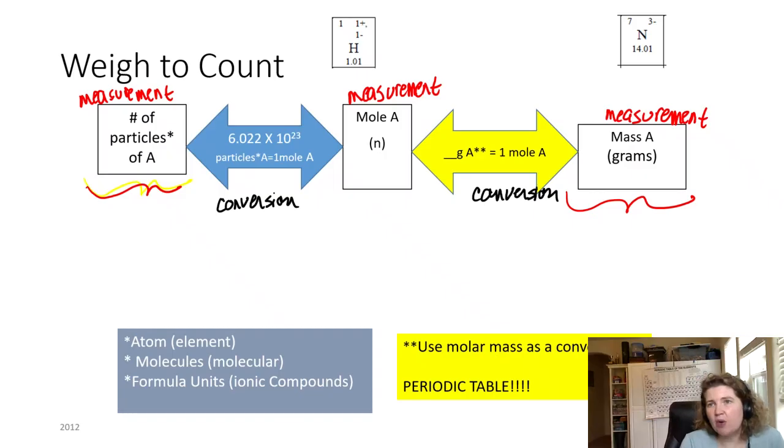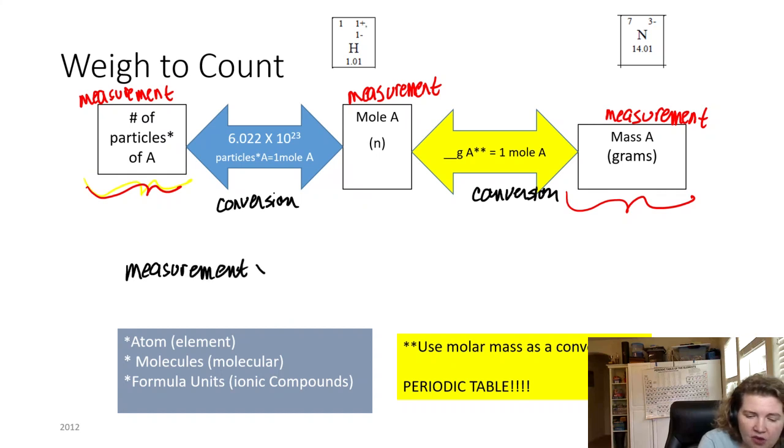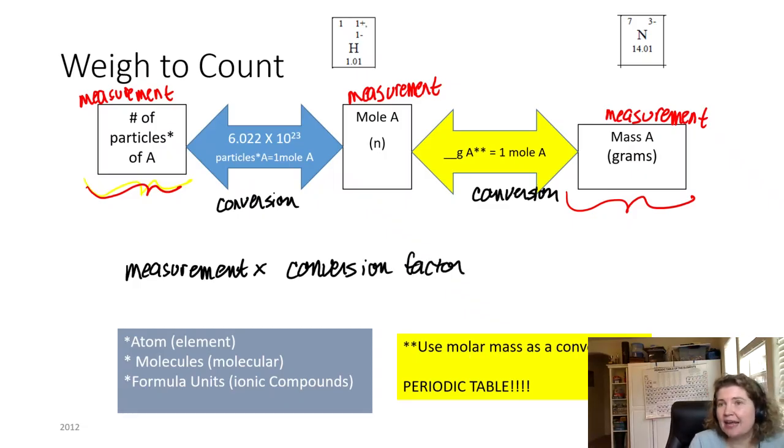When we do a unit analysis, you take a measurement and multiply it by a conversion factor. Then I'm going to get another measurement.